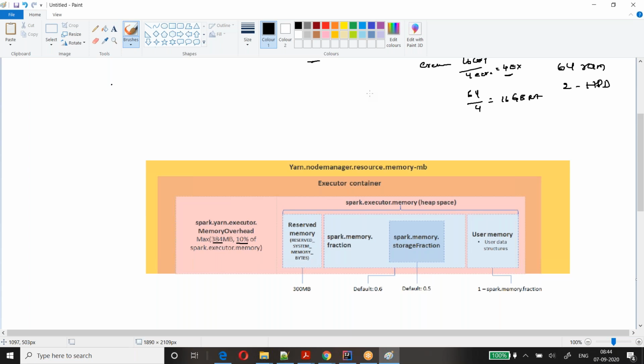User data structures. What is the reserved memory storing? Reserved system-related memory, bytes, libraries, or whatever information is required. And what are the actual execution memories? What is that other part? The execution and storage. Are you following what I'm trying to say?